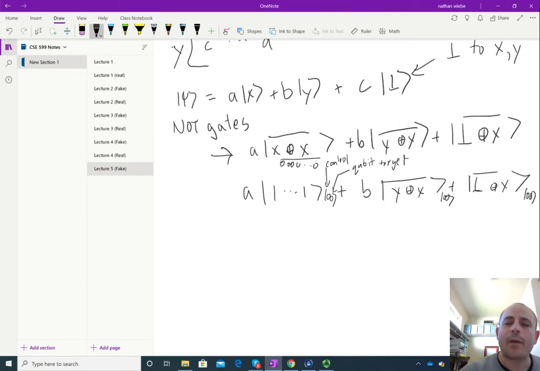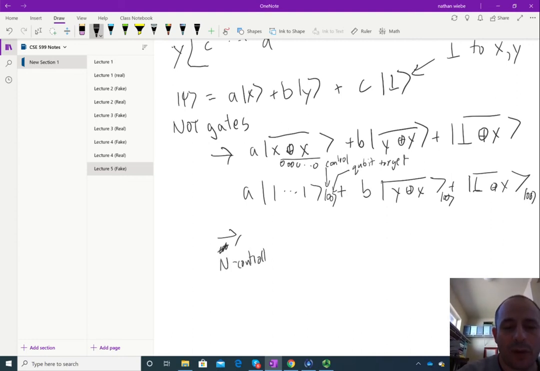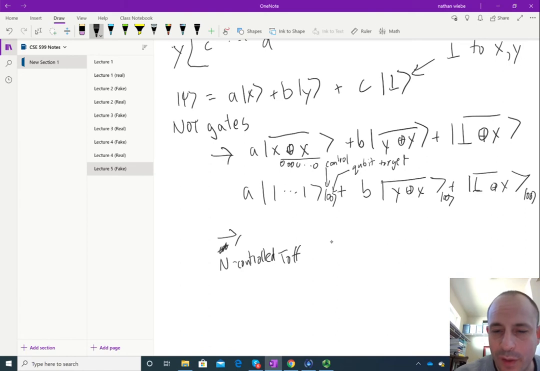So now, by doing an n-controlled Toffoli, it's basically going to be computing the AND of all of these.